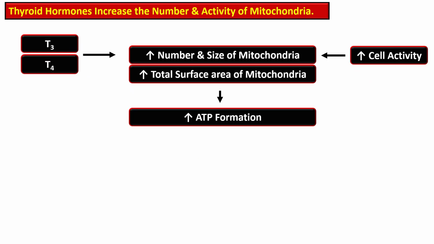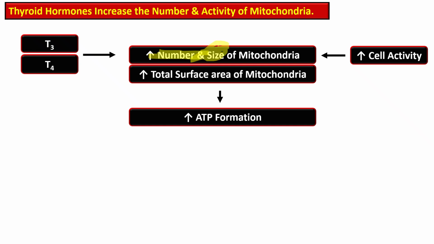The thyroid hormone also affects the mitochondria. There is an increased number of mitochondria. More mitochondria form in the cell after T4 or T3 exposure. Also, the size and activity of the mitochondria is increased.